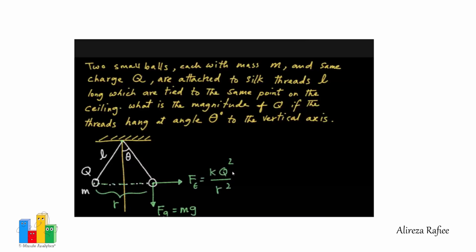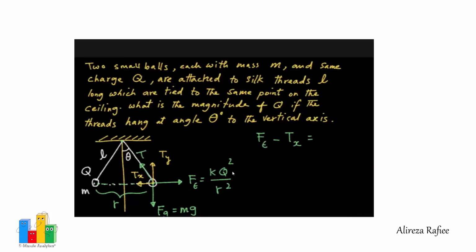But there's also a tension inside the wire, this thread, T, which, because this reached an equilibrium, is going to balance what we have on the x-axis and y-axis. So if I find the y component of T, T sub y, and T sub x, then I can use Newton's second law and say in the x-axis, we will have F sub e minus T sub x equal to mass times acceleration in the x-axis.